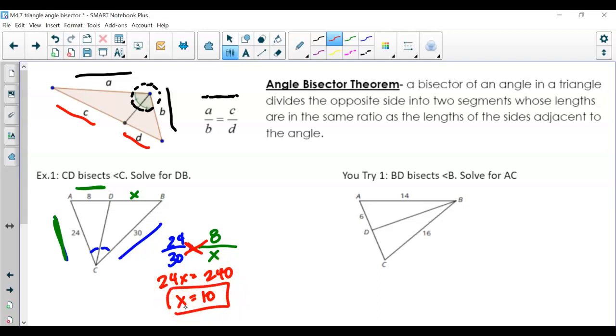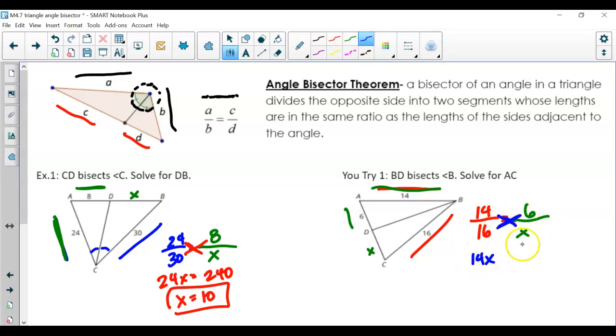Go ahead and pause the video now and try the U-try on your own. And here we go. Again, here we have an angle bisector, so 14 to 16 is equal to, if we have 14 here in our numerator, then 6 here, representing that same triangle, 6 to X. Now cross multiply. 14 times X, 14X, equals 16 times 6, which is 96.